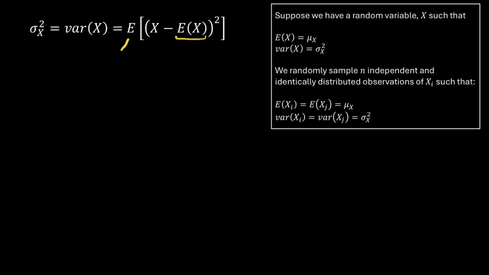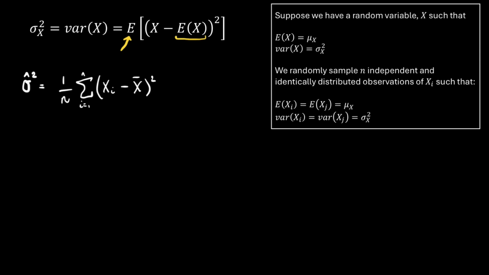So this gives rise to a suggested estimator for sigma squared: sigma hat squared is equal to 1 over n times the sum from i equals 1 to n of (xi minus x bar) squared.